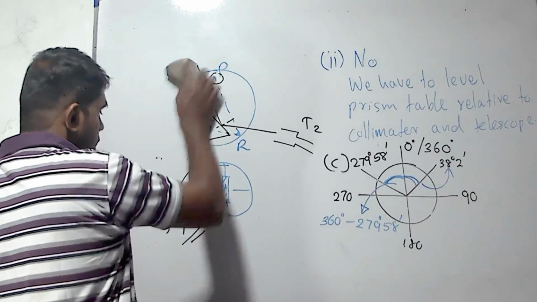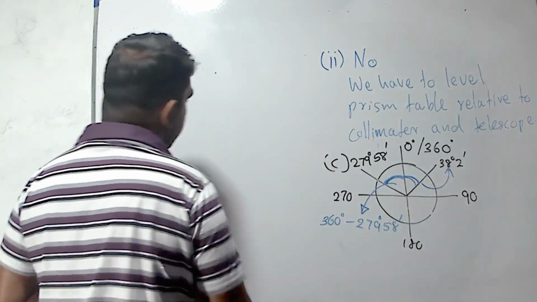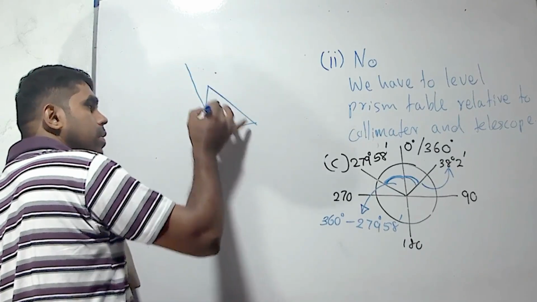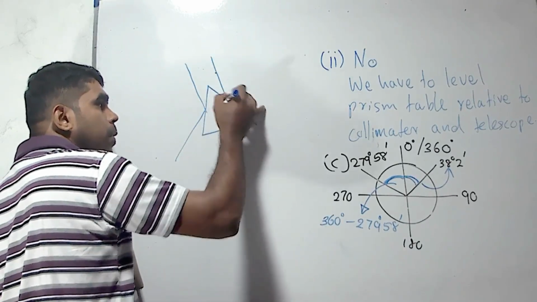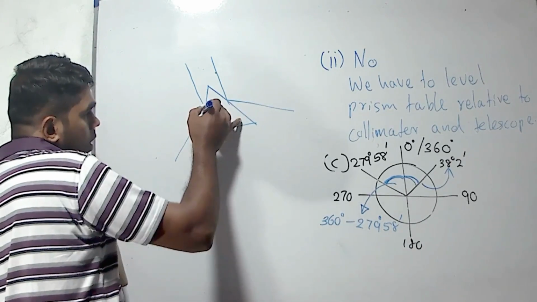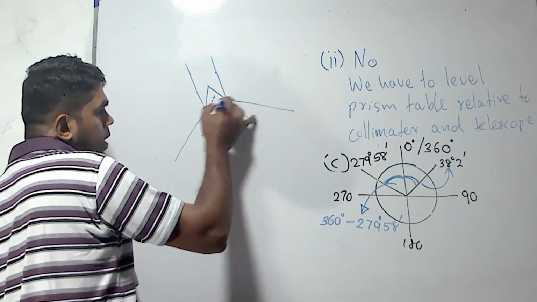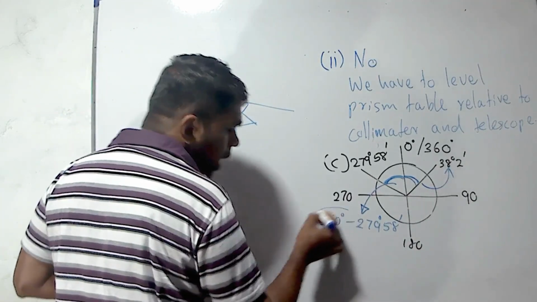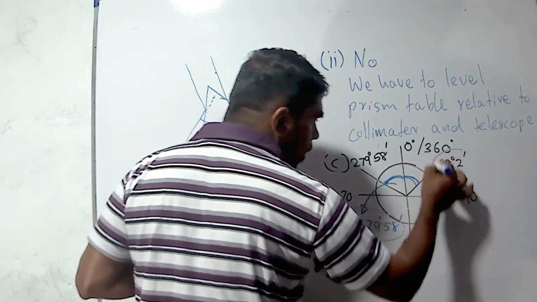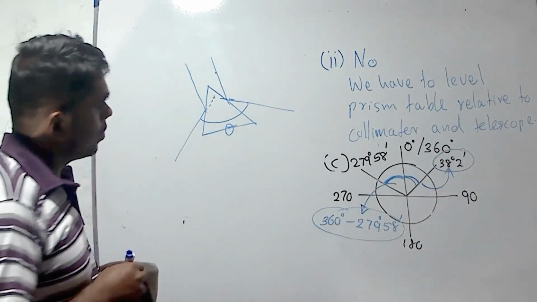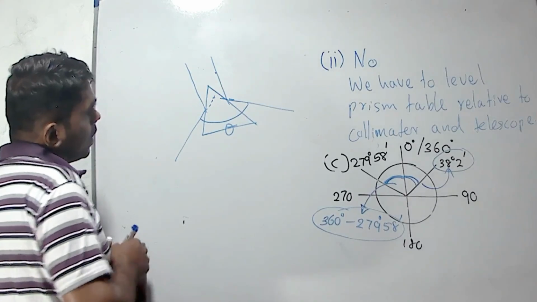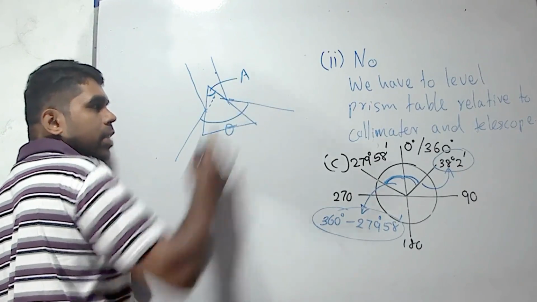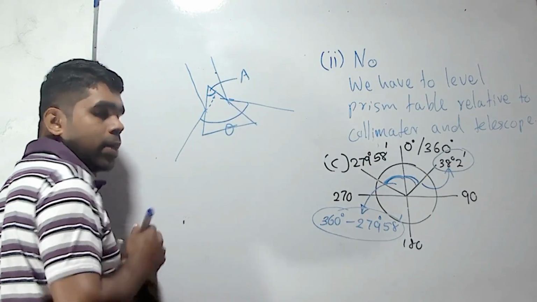It is theta. Theta means the angle between two positions of the telescope. Then the theta angle is this angle. We can obtain the theta angle by adding this value and this value. But the prism angle is this one. When calculating the prism angle, we have to divide the theta value by 2.